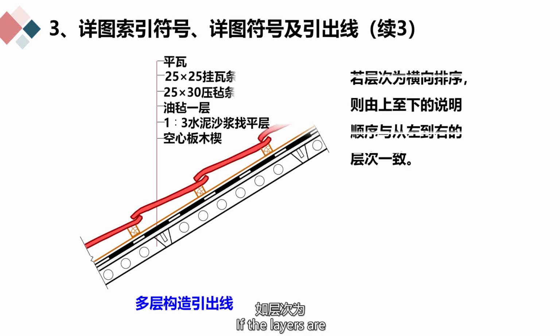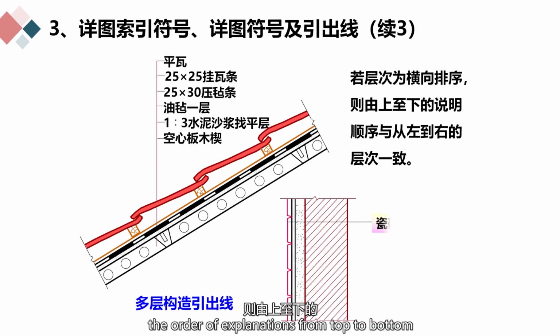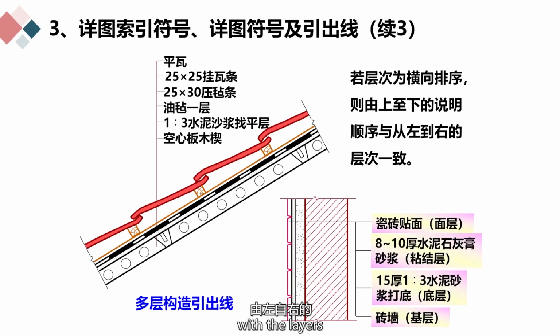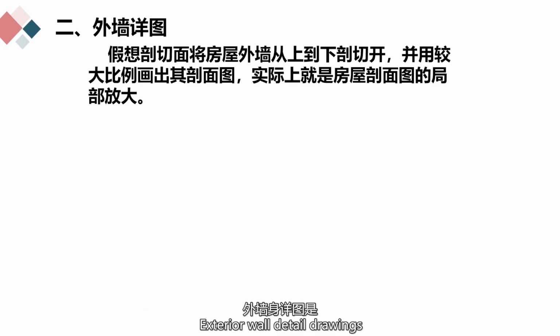If the layers are arranged horizontally, the order of explanations from top to bottom should be consistent with the layers from left to right, as shown in the figure. Exterior wall detail drawings are imaginary sectional views of the wall, completely cut through at the window openings, drawn in a larger scale.